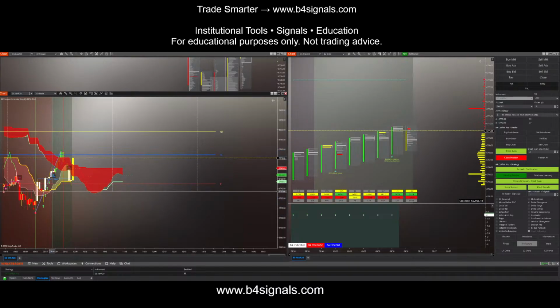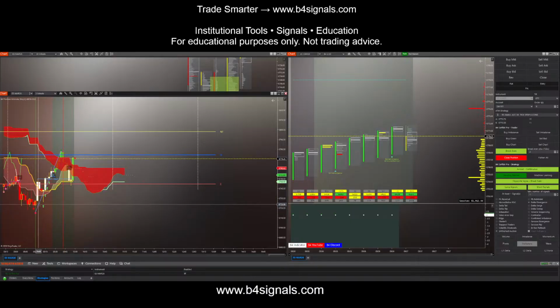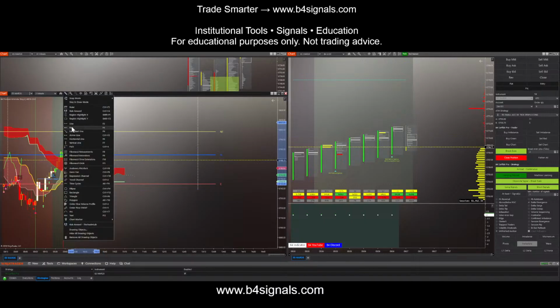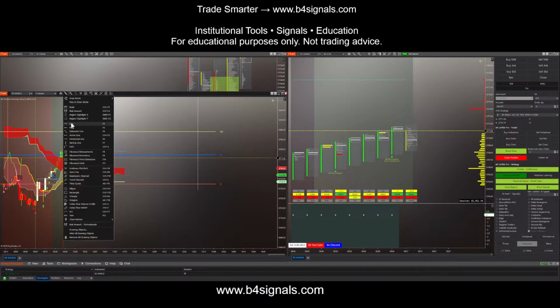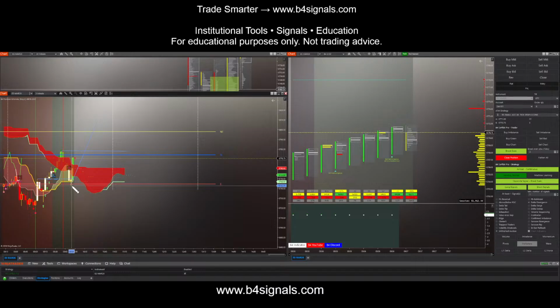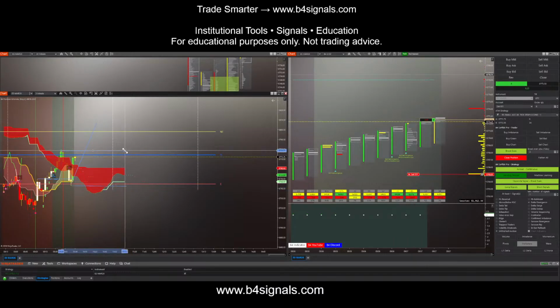From a conceptual perspective of Ichimoku in analysis, this is what you typically do. Since we're talking Ichimoku, guys, let's go ahead and show a little technique here. Order filled.